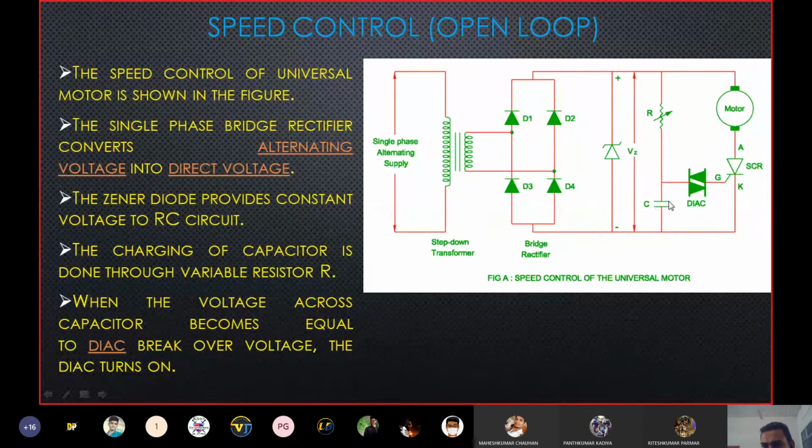The voltage across this capacitor, when it becomes equal to the breakover voltage of the diode, at that time the diode turns on. So the breakover voltage of this diode must be equal to the capacitor voltage.